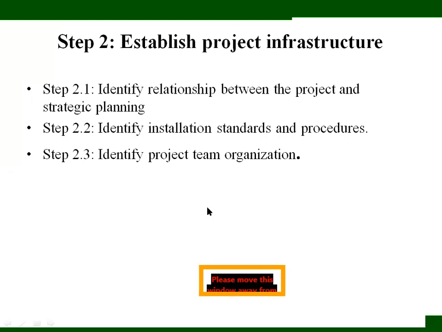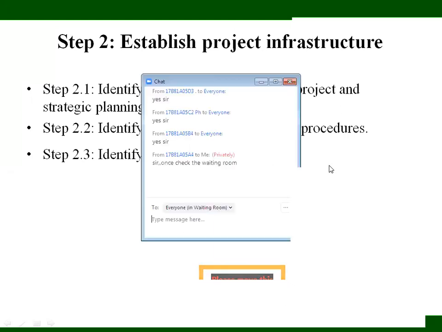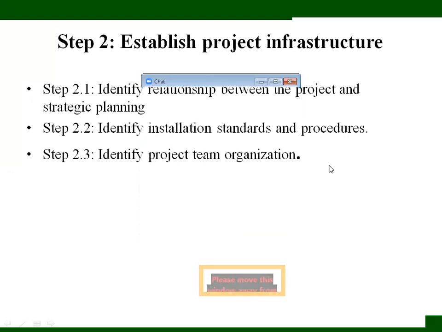All these standards we have to identify in step 2. Development of the project, change control, and configuration management, which are hardware and software related, or system structure and software requirements, are all identified in installation standards and procedures.